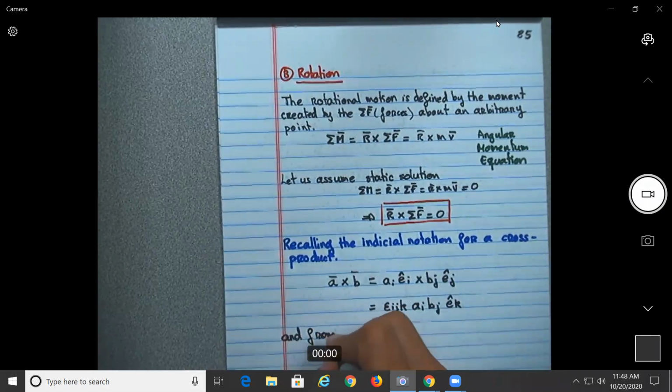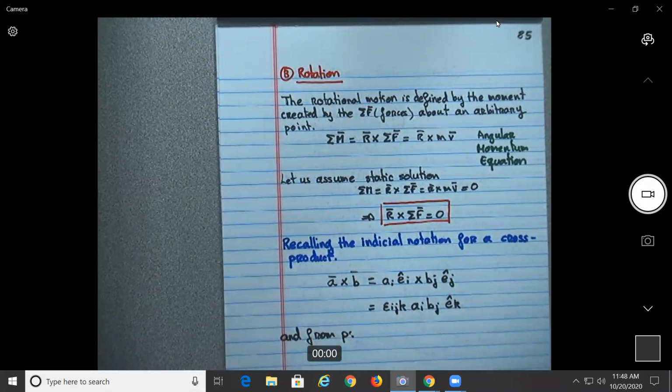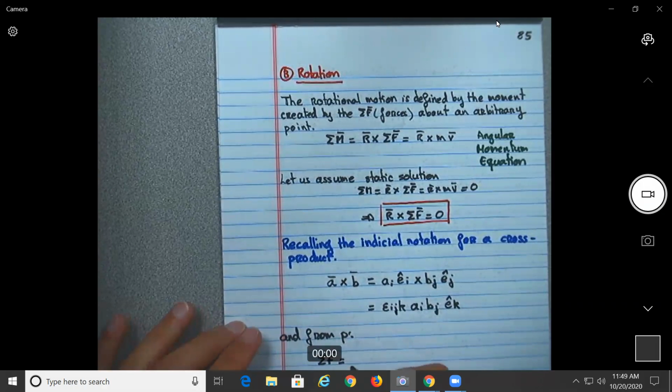Now I'm going to start simplifying a bit, and from the page, let's see what would be the page over here. Let me write down the equation, then I look at the page. We know that the summation of forces, as the external forces, is equal to, all right, the summation of forces equal to 0.